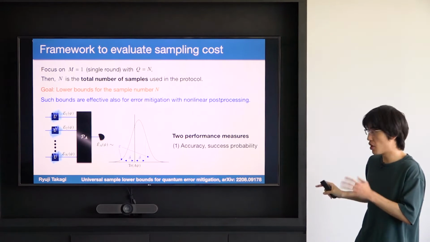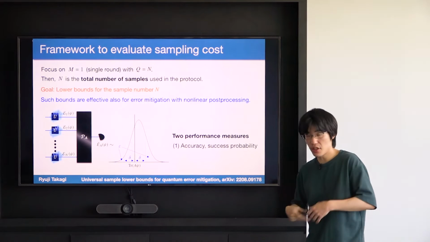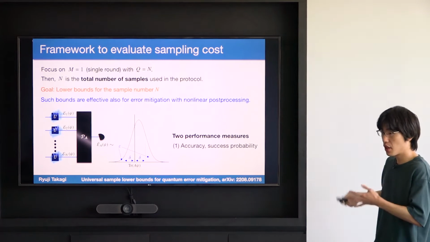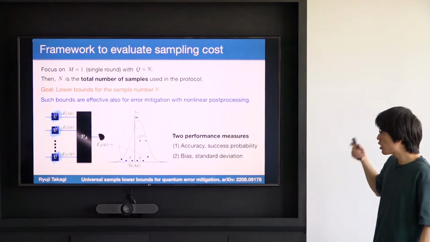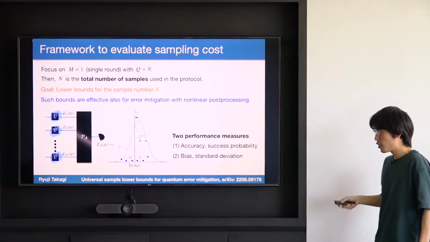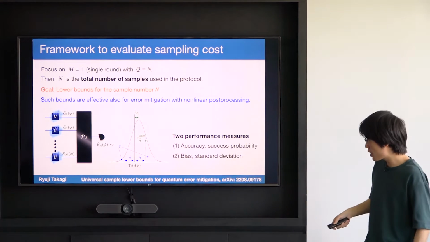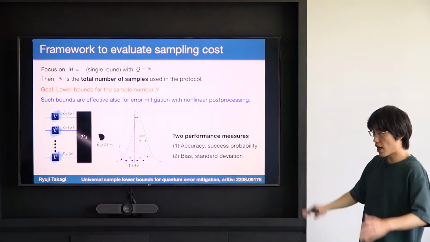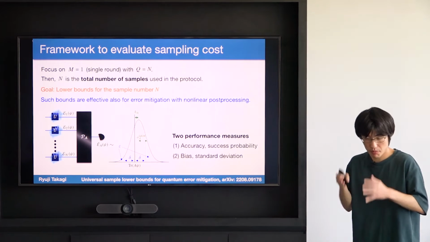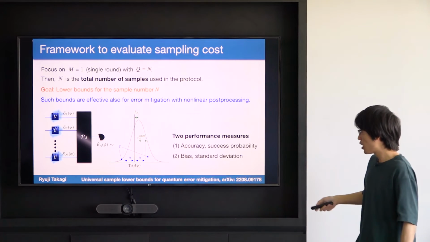So this combination of accuracy and success probability is a very operationally motivated figure of merit of the error mitigation. But the second approach is to use, again, the idea of bias. This is a systematic error again, and also some error that comes on top of it.